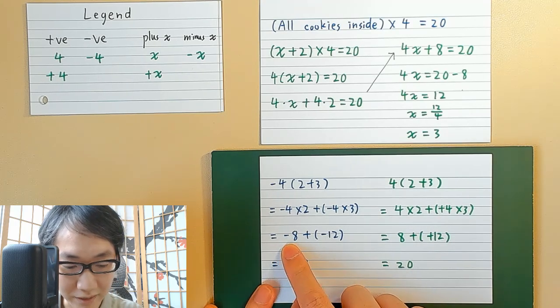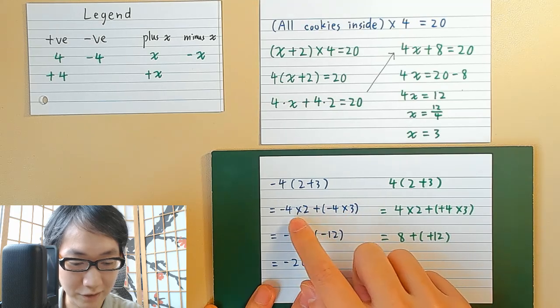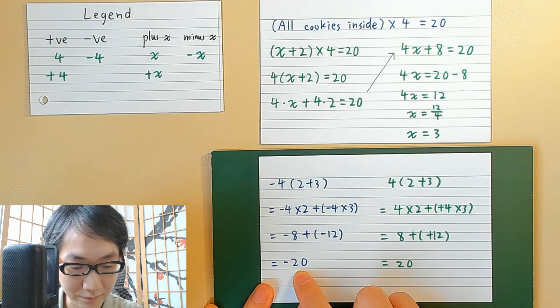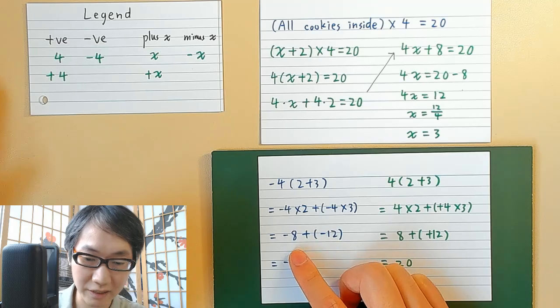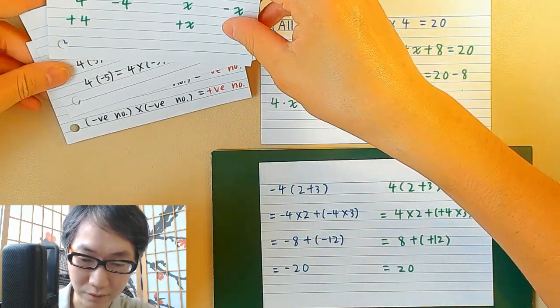Then we'll have negative 8 and negative 12. Then we'll have negative 20. So you can see if we multiply a negative number by a positive number, we always get a negative number. So also a reminder here.